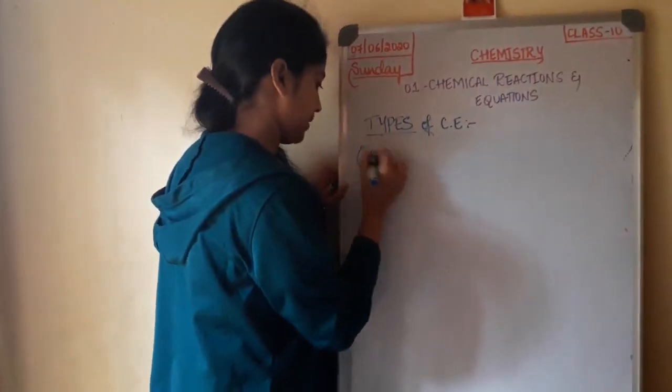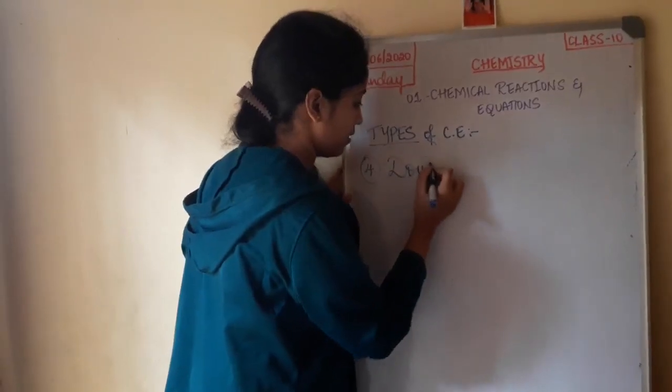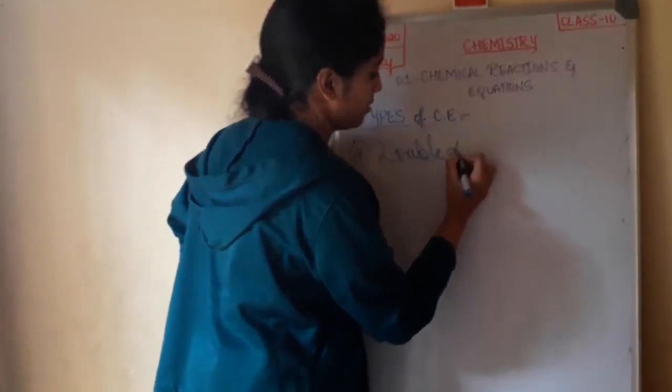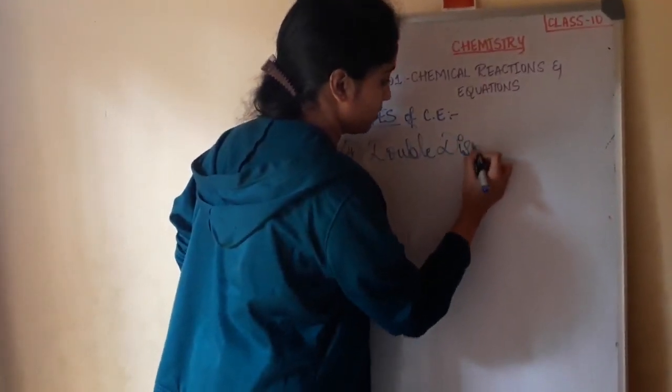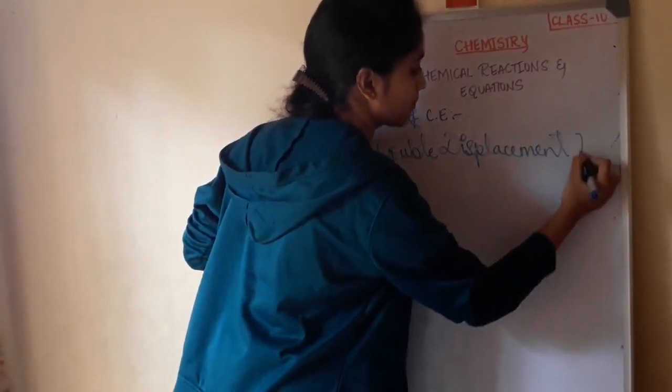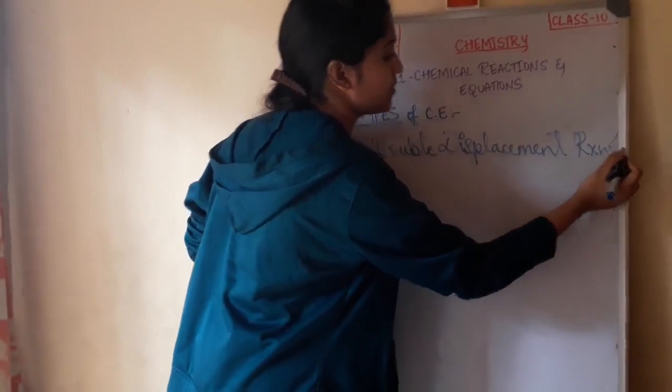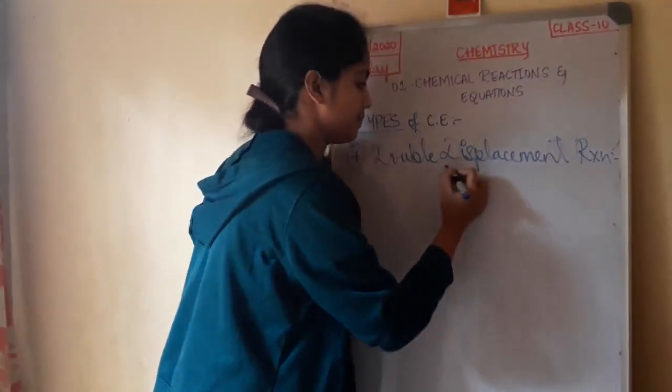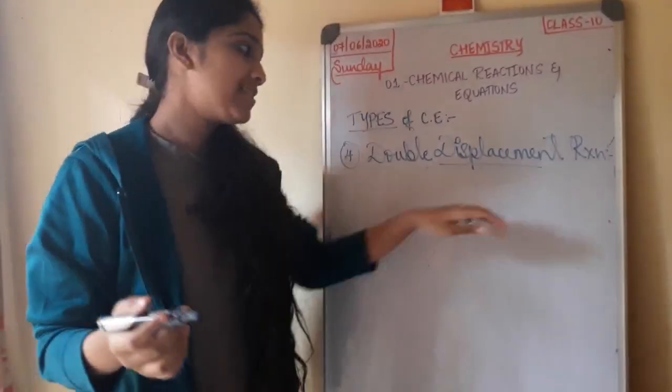Now, the fourth type of chemical reaction is the double displacement reaction. As the term suggests, double displacement. You already know what is displacement reaction.